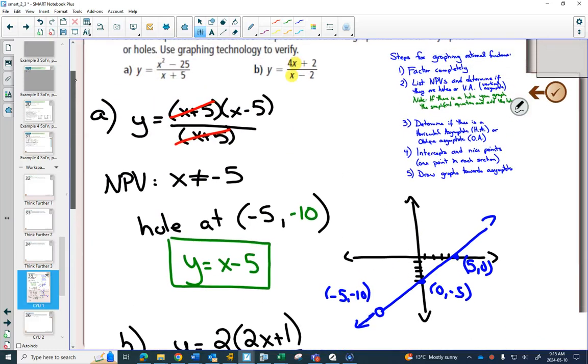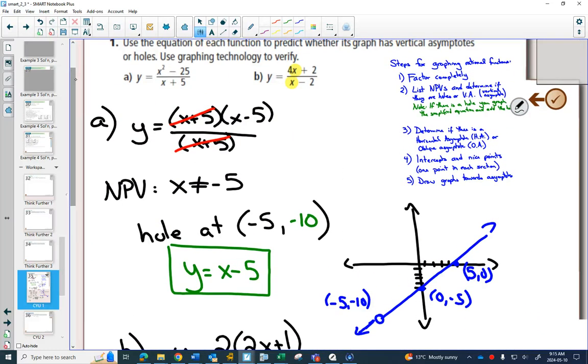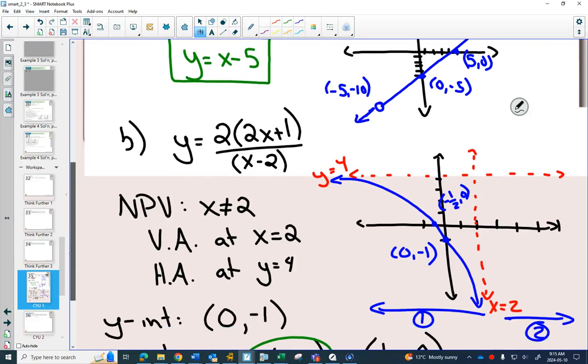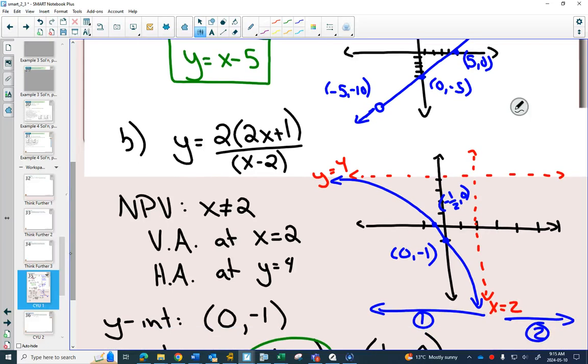If you go to your original equation or to your factored one, doesn't matter. If I plugged in 3, 4 times 3 is 12 plus 2. Do you see I get 14 on the top and 1 on the bottom? So I could go to my graph and say, way up here, I have the point 3 comma 14.